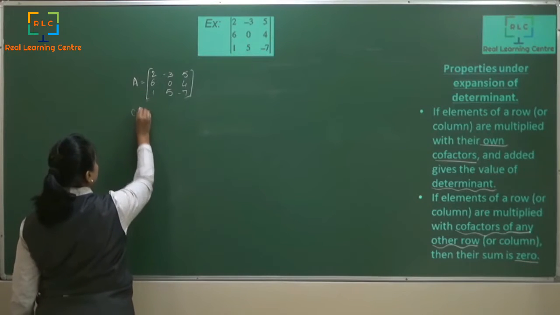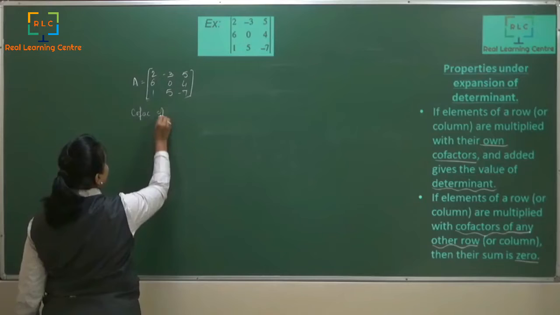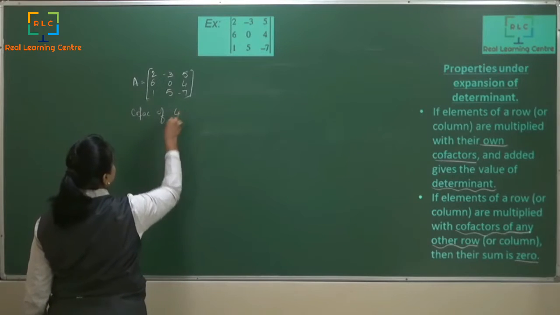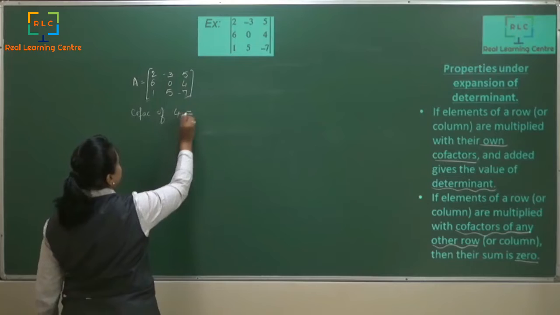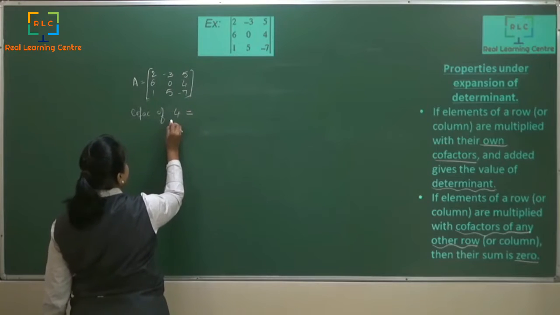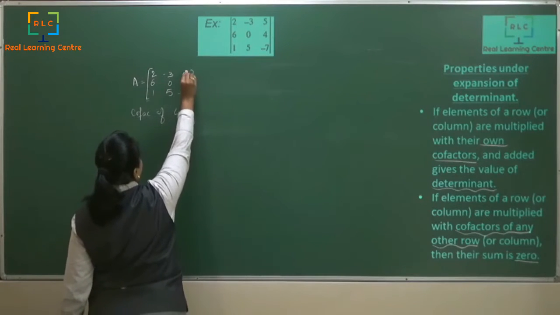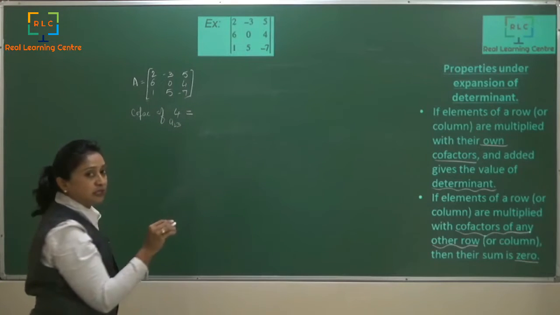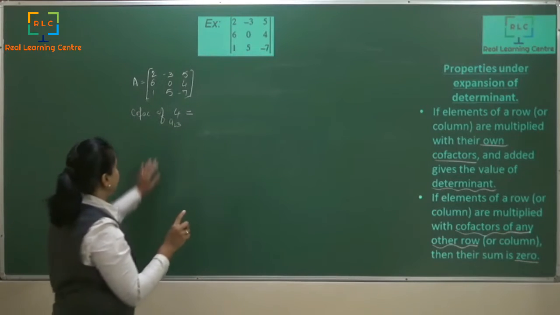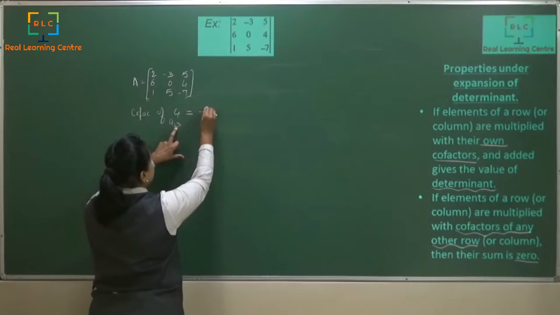Now I want the cofactor of say 4. How do I do it? 4 is an element in the second row and the third column, so this is called A23. So I want the cofactor of A23. For this I will take the sign first. Minus 1 raised to the power of 2 plus 3 will give you 5.